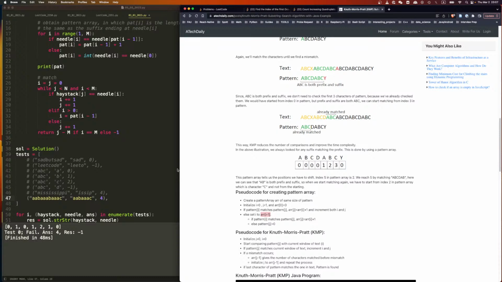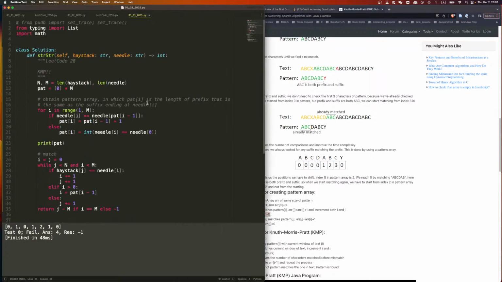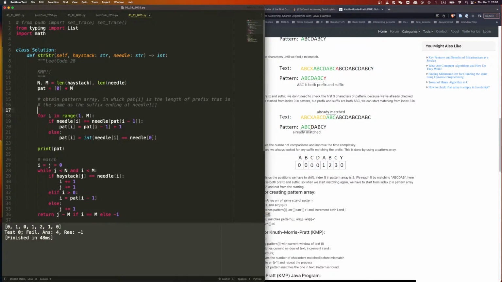Because if I set to this, because the suffix, right? Here, this is matching this, right? These two are matched. So we want to find a prefix that matches suffix. Okay, yeah, I can't figure this one out.